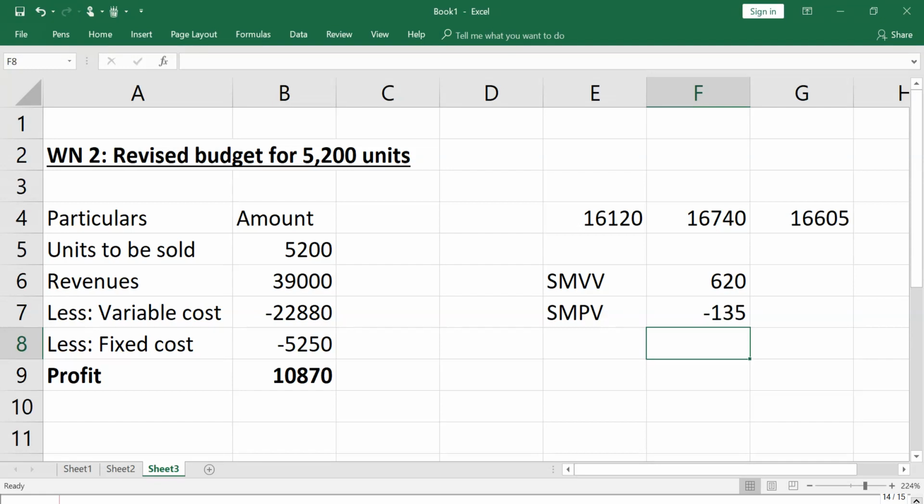Sales margin volume variance is 620. Sales margin price variance is 135.